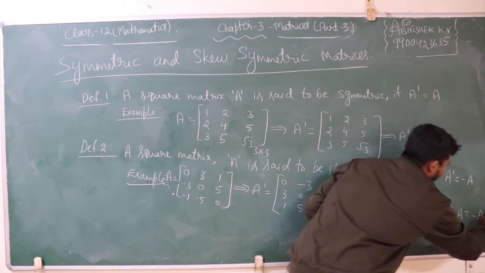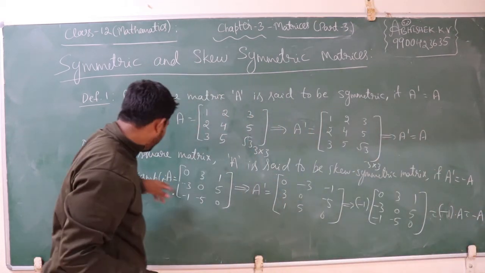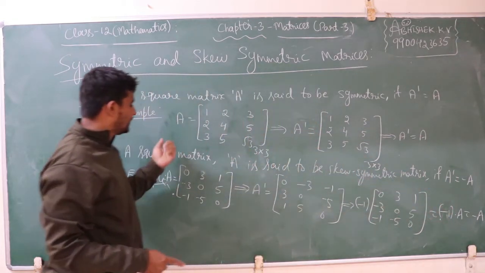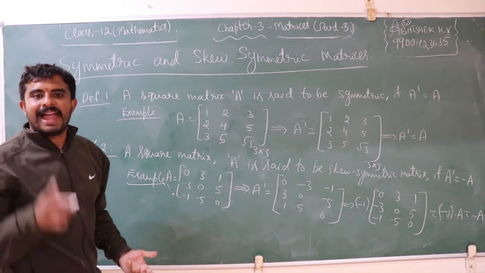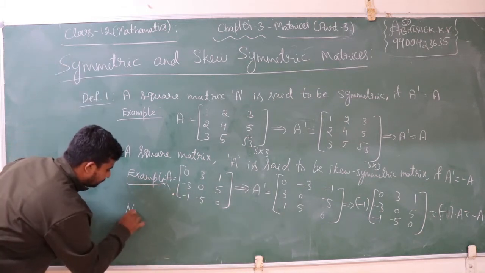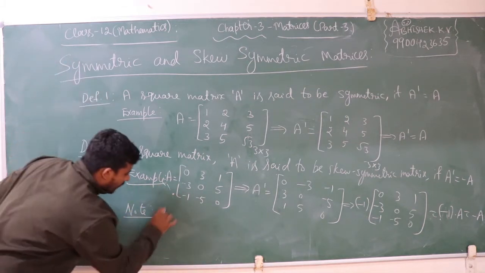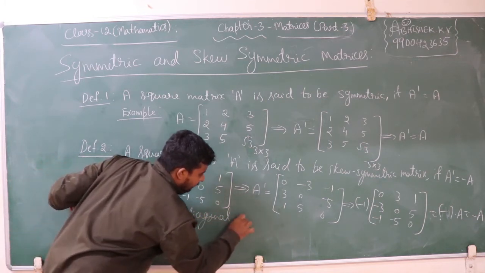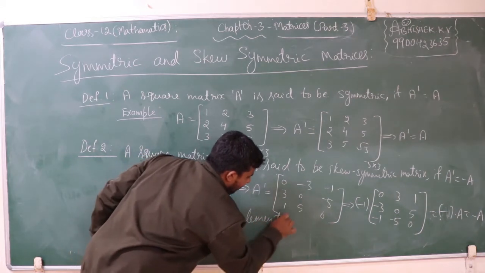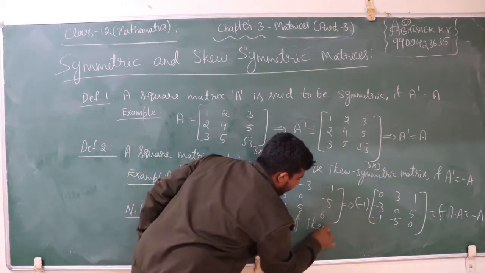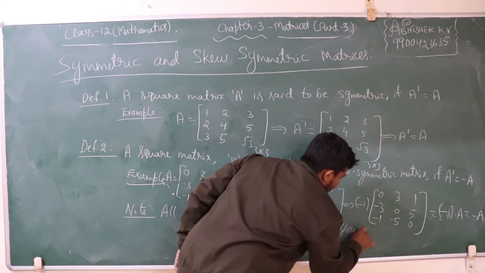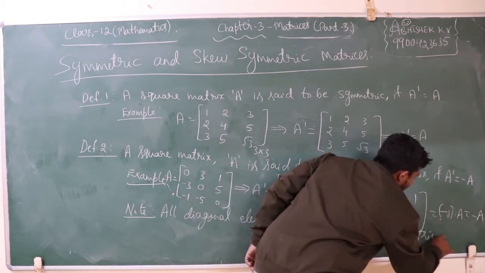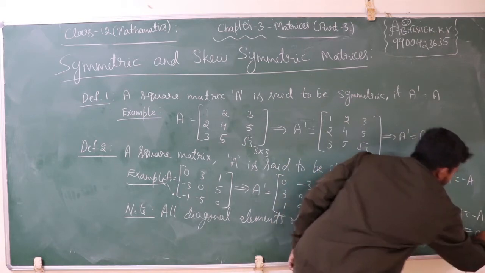What is minus 1 into A? Minus A. According to the definition, if A transpose is equal to minus A, then that matrix is called a skew symmetric matrix. And here we should note that all diagonal elements of a skew symmetric matrix are equal to 0.